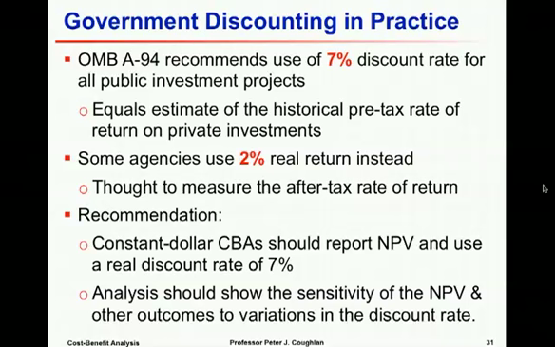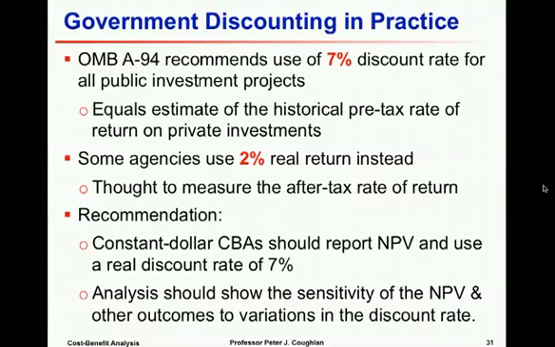So it is tied to private sector discount rates. The pre-tax rate, because the federal government doesn't have to worry about paying taxes, since they'd be paying them to themselves. Some agencies use a 2% or lower real return number, but that's intended to measure the after-tax rate. So the recommendation that I give you, and that we have in this program, and that comes from OMB, is that you should use that 7% rate.